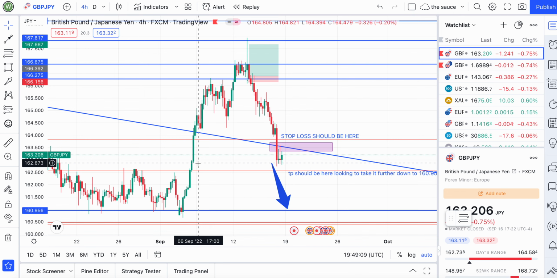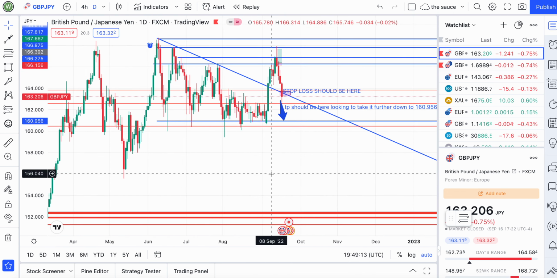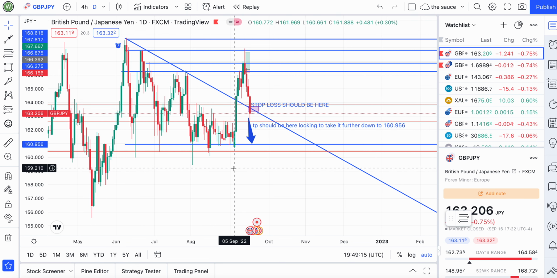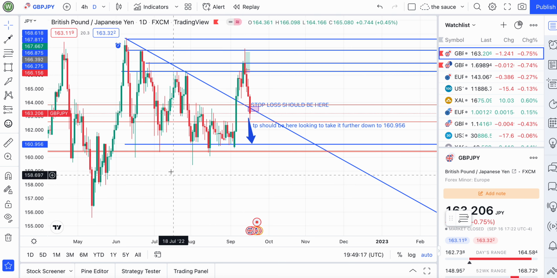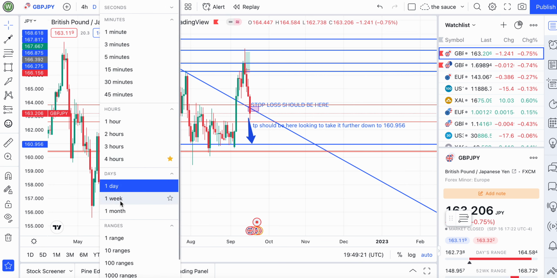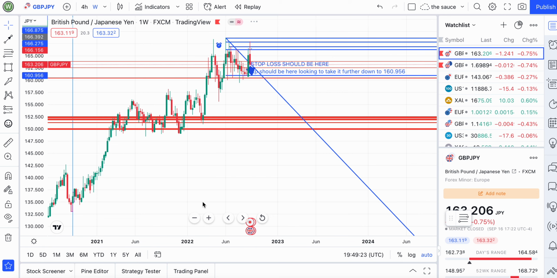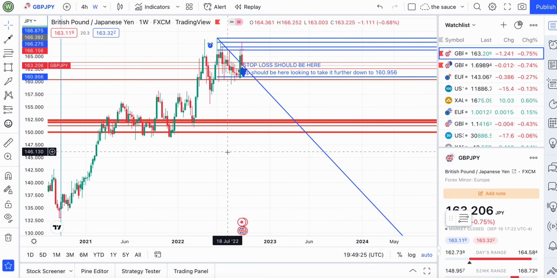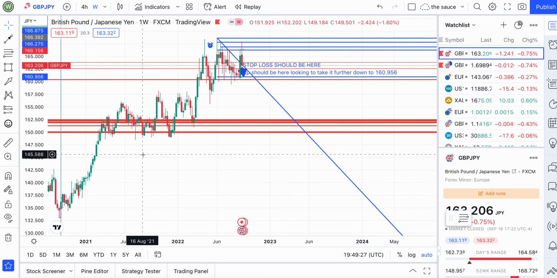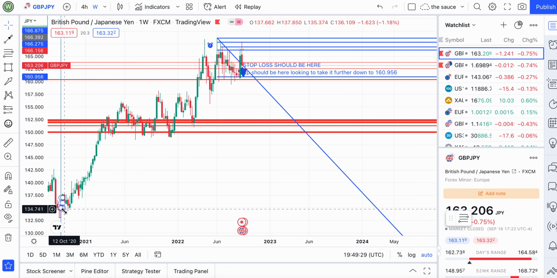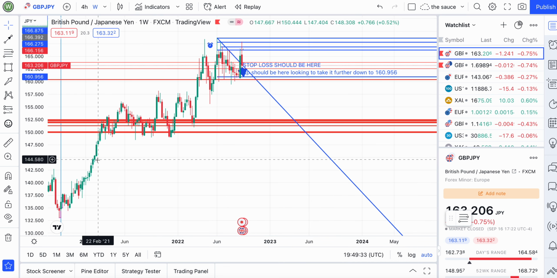This is the GBP JPY, and let me just move to the daily first, and go to the weekly. Start from the weekly. As you can see, price is in an uptrend, right? Now if you look closely, this is another flag pattern.